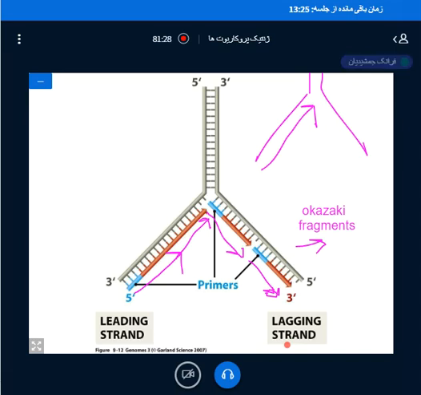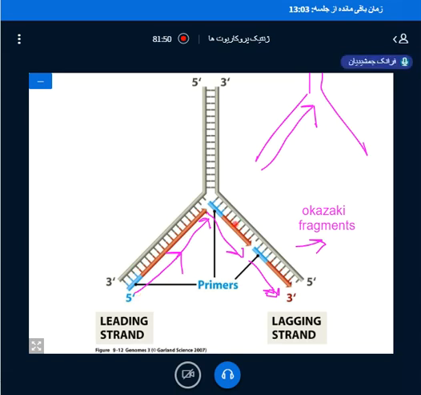So, just listen to me. One strand continuously replicates. We call it the leading strand. We have one primer in the beginning.